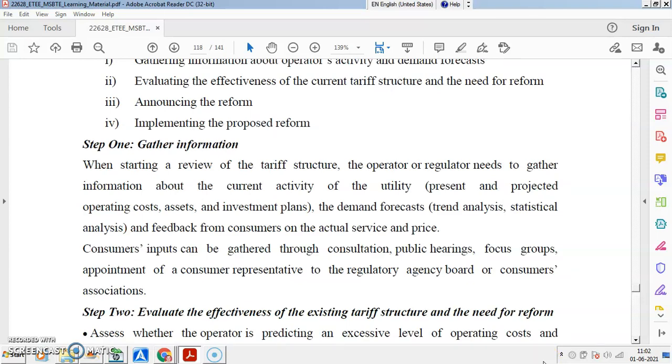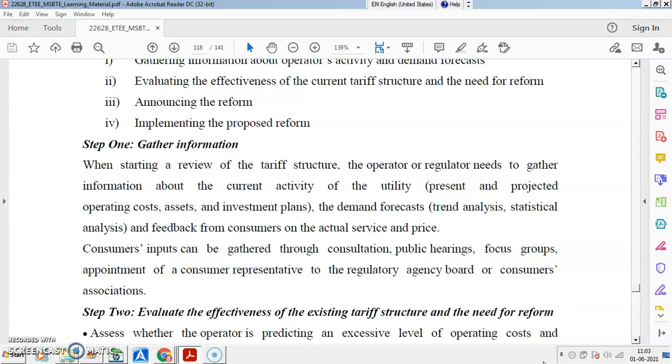When starting a review of tariff structure, it has been decided that the operator or regulator needs to gather the information about the current activity of the utility, present or projected operating cost, assets and investments.